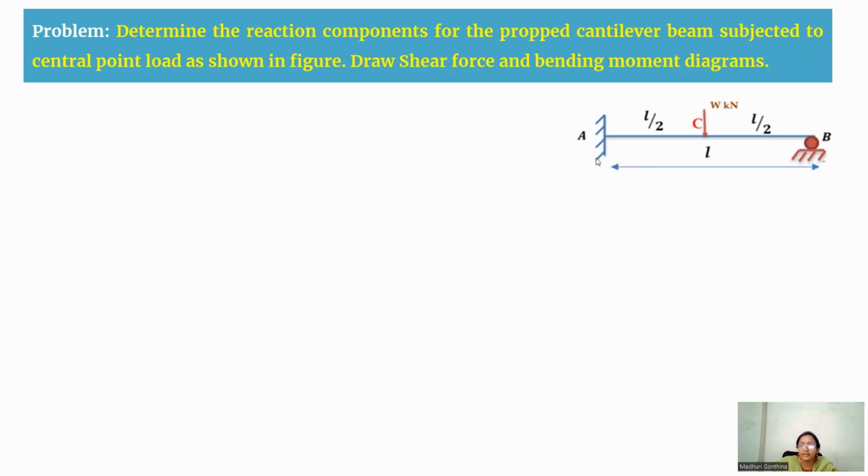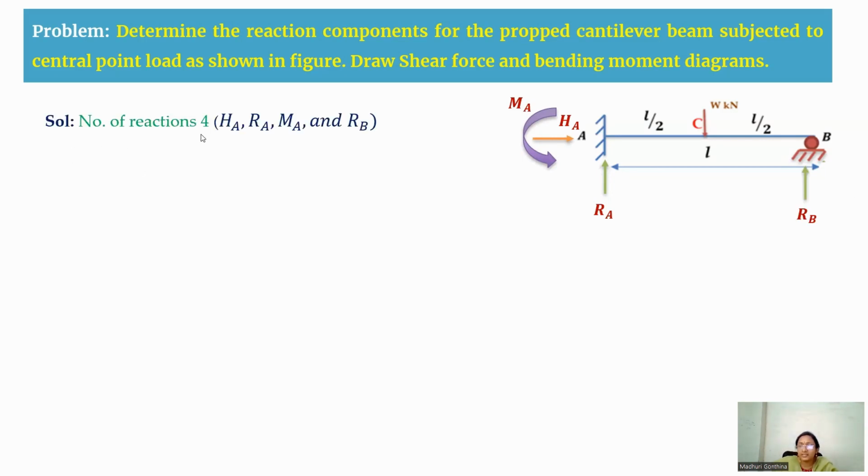As support A is a fixed support, you have three reaction components: one is horizontal reaction, another is vertical reaction, and another is moment at A. At support B, as it is a roller support, you have only a vertical reaction, that is RB. Therefore, the total number of reactions here is 4: HA, RA, MA, and RB.